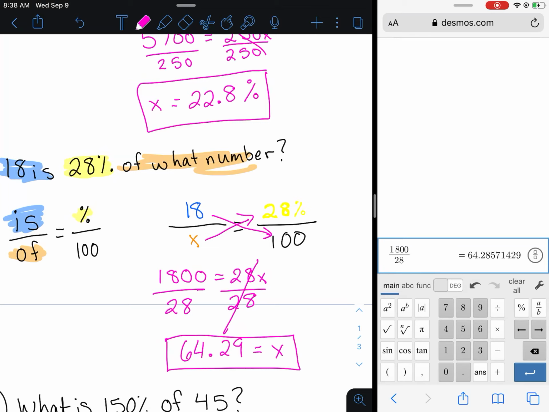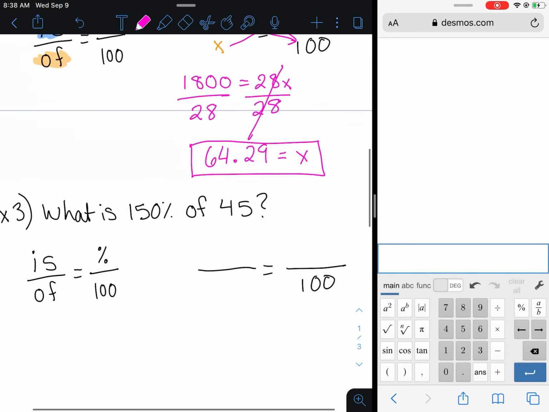And the reason for that is because 18 out of 64.29 gives us 28%. So that's a little less than a quarter. If we multiplied 18 by 4, we end up getting 72, which is kind of close to 64, but we also know that it's a little more than 25%. So that's why we ended up getting 64 in that case.